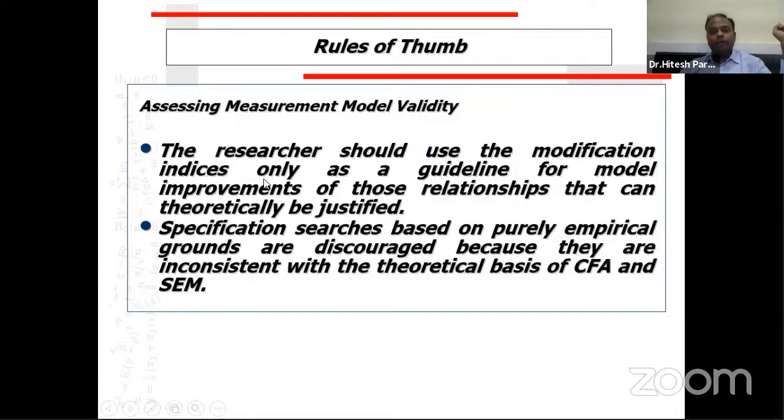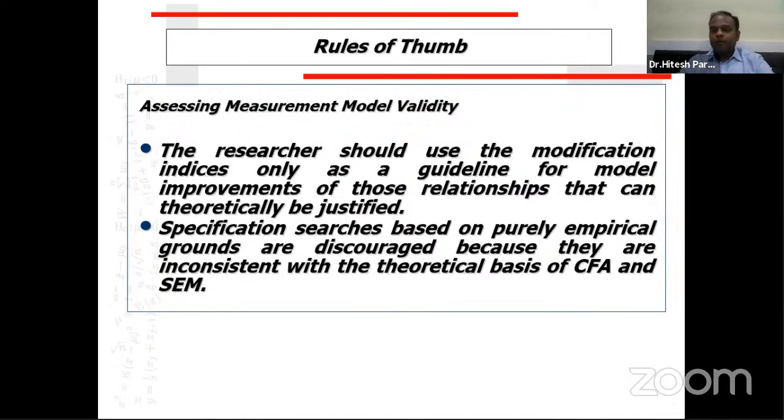Then for measurement model validity, the researcher should use the modification indices only as a guideline for model improvement, for those relationships that can theoretically be justified. Sometimes what happens is that the model fit we are getting is not sufficient.